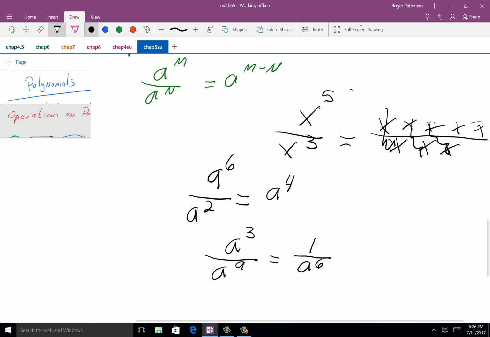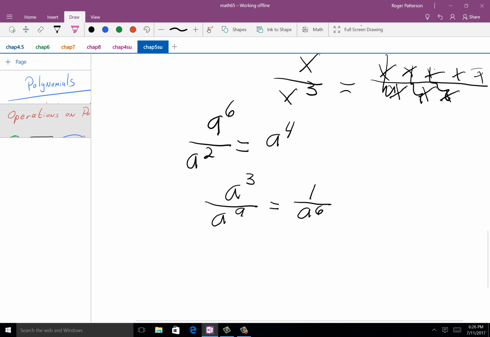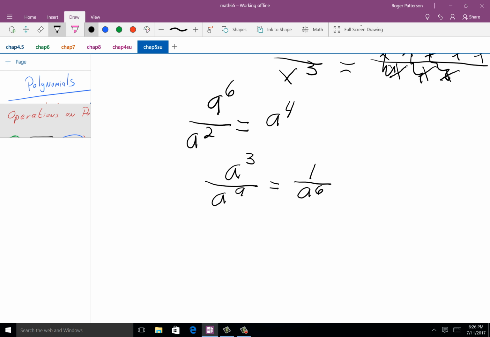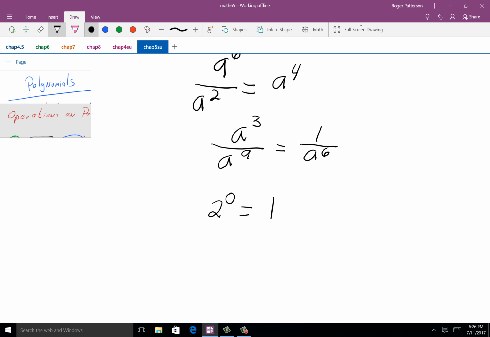And then the other property that they show you here is taking something to the 0 power. Anything to the 0 power is always going to be 1. It doesn't matter what it is, it's always going to be 1. So even if we have like 3x to the 5th and all this is to the 0 power, it's going to be 1.